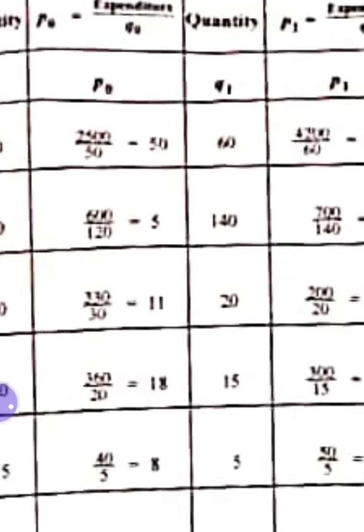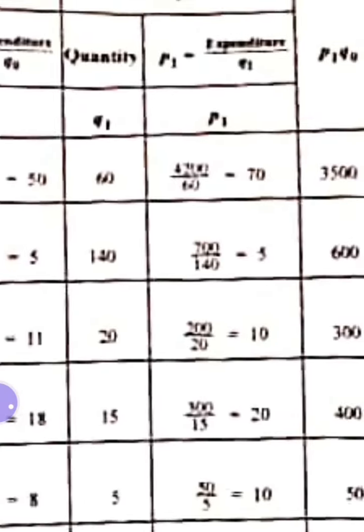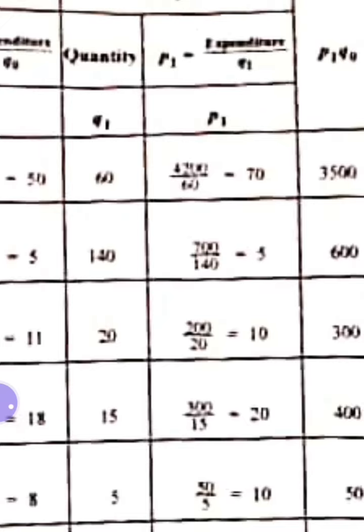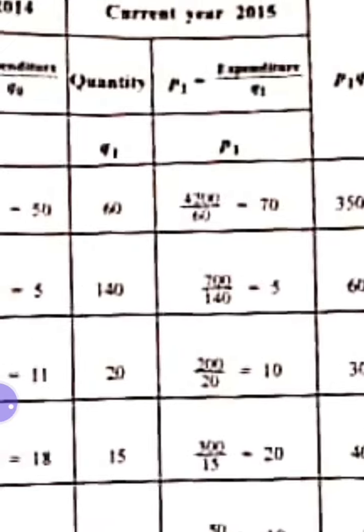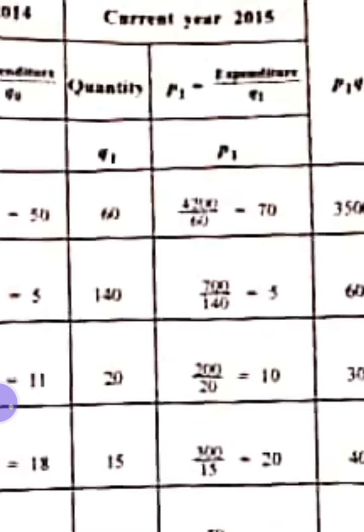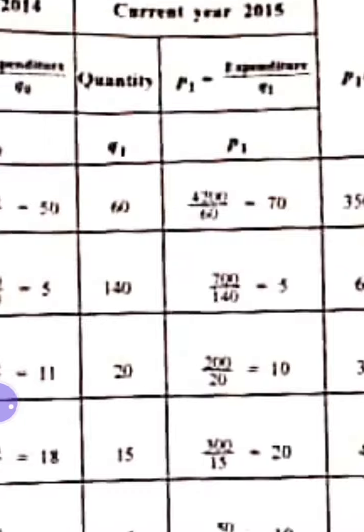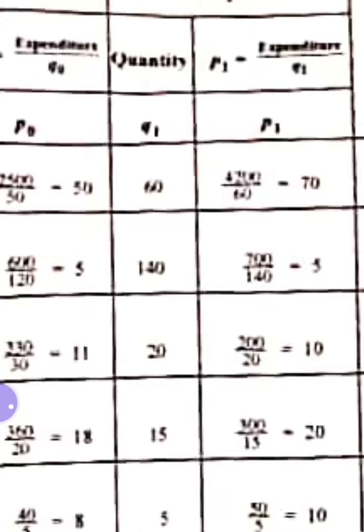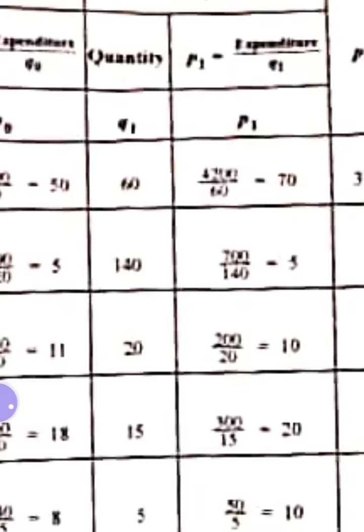Similarly for the current year we are going to find it out. Now for the current year we know that the price is always equal to our P1, right? So what we are going to have? We are going to have expenditure divided by Q1. Our total expenditure for item A that is given to us is 4200 divided by 60, that we are going to do for Q1, right? We are going to get 70.